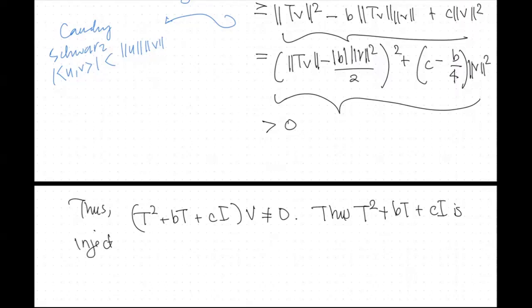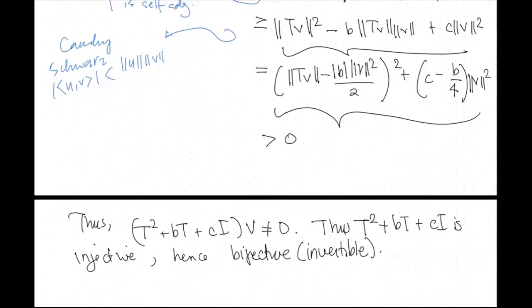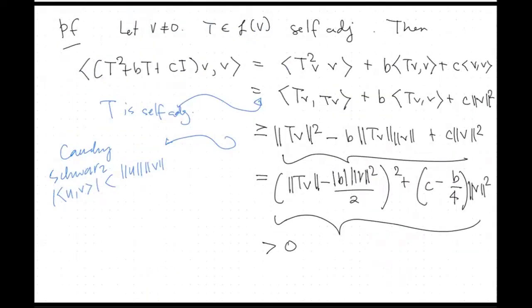And since we are in a finite dimensional vector space, hence we get bijective, that is invertible, as a result from before. So if we have an operator with this form, we get an invertible operator. When we have an invertible operator, then we can always get its inverse.